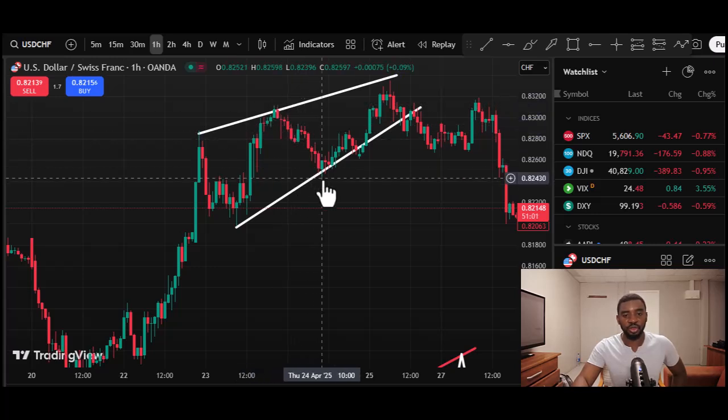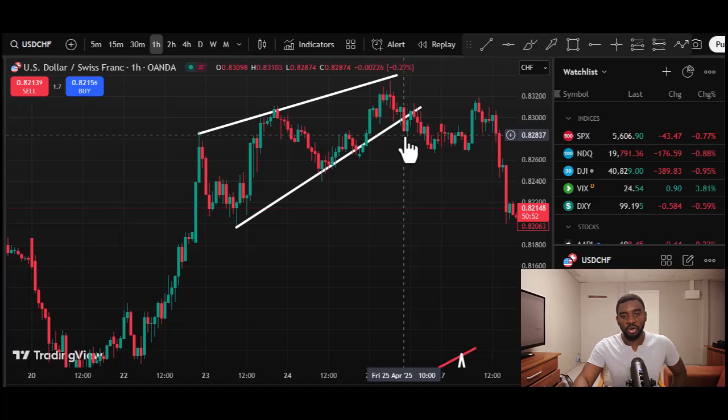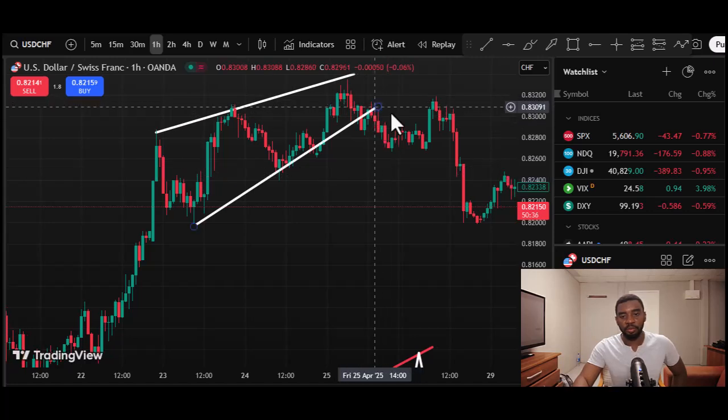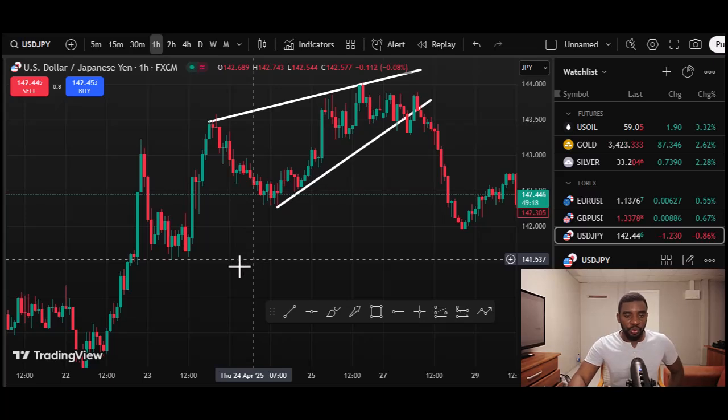Same situation, it was rejected, got to this point, and price got to this point again, formed another higher high before it was rejected, and we have this breakout. You can see the strong volume breakout. So the breakout we consider has to be a strong volume breakout, and afterwards you see it was a wash through.